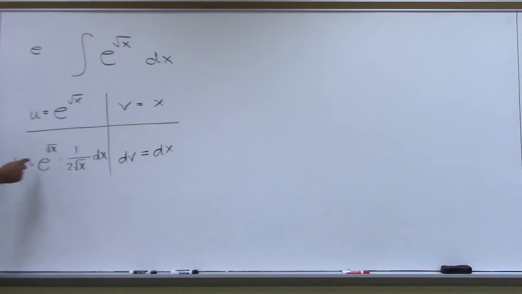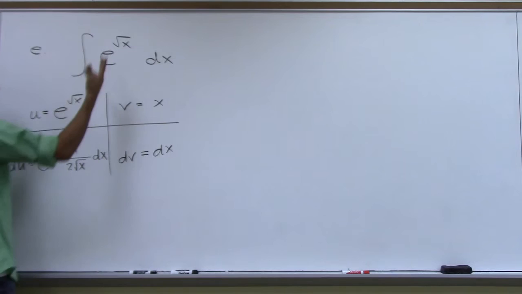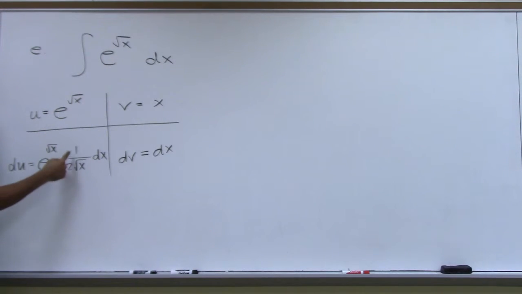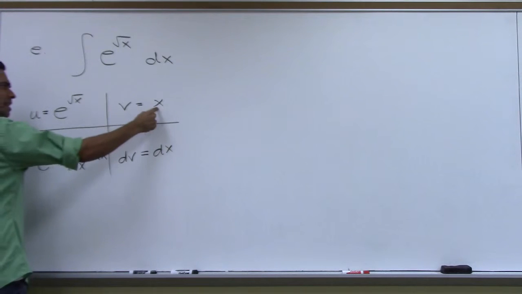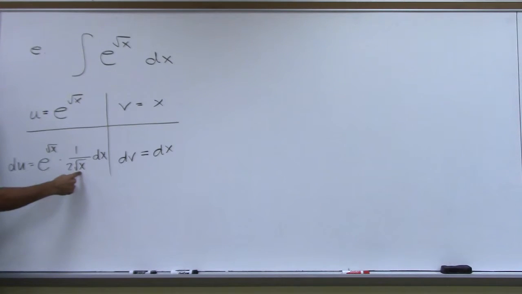You're going to have an e to the root x, which you had already, right? But now you've introduced this root x on the bottom. You're going to multiply times x. What is x divided by root x? Just root x. So your new integral is going to have a root x times e to the root x, which is worse than this.